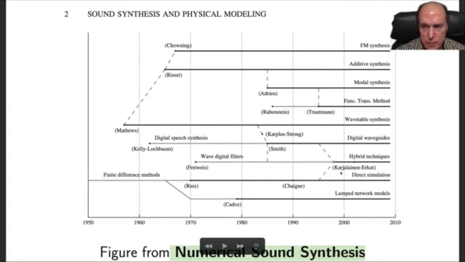So if you have a physical system and it's got resonant modes, then it will spontaneously decompose into a sum of resonators, and that's what you have in modal synthesis. And the only real difference between how it was practiced originally as a synthesis technique and coming from physical modeling is that you know how to drive the modes, and you know how to combine the modes to reproduce a particular physical scenario.